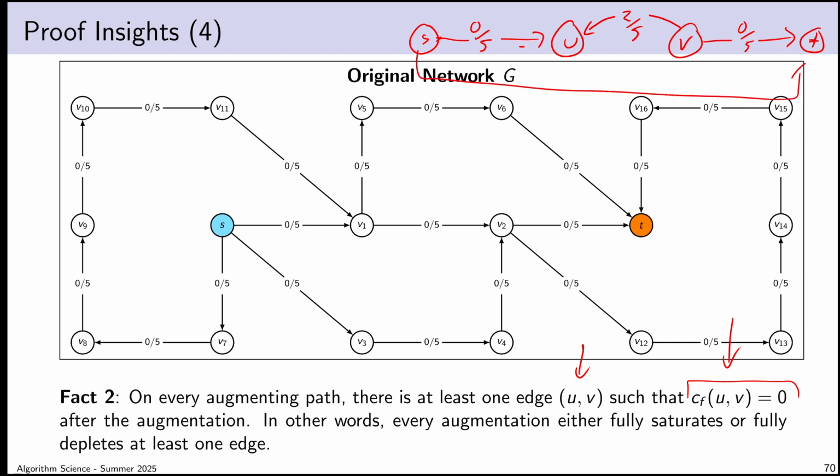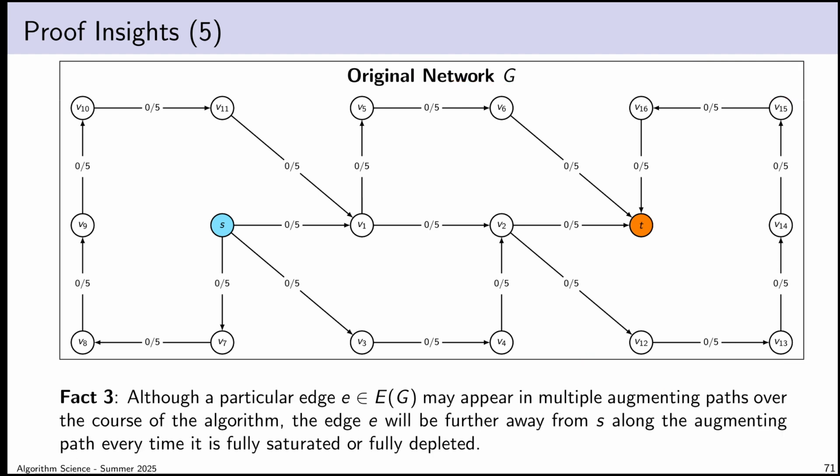I can still go from S to T because I can push flow backwards along the edge VU. But notice that if I do that, the capacity of the path is 2. Once I've pushed 2 units along the path, this edge has 2, this edge now has 0, and then this edge has 2. Notice that that means the residual capacity from U to V is also going to be 0. So in any event, no matter how I create my augmenting path, if it is an augmenting path, after I perform an augmentation, at least one edge along the path will have no residual capacity left. I will have maxed out its residual capacity.